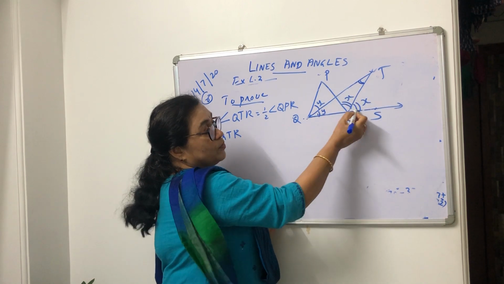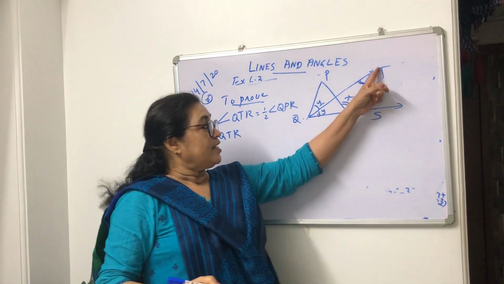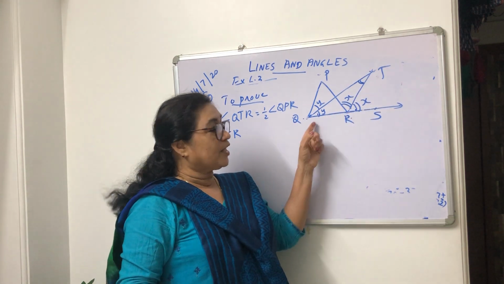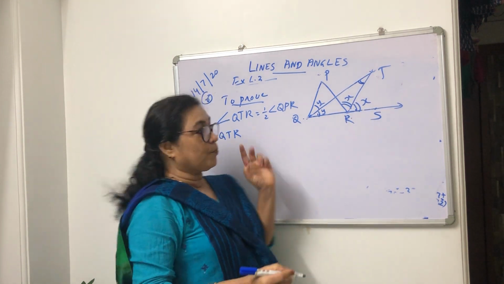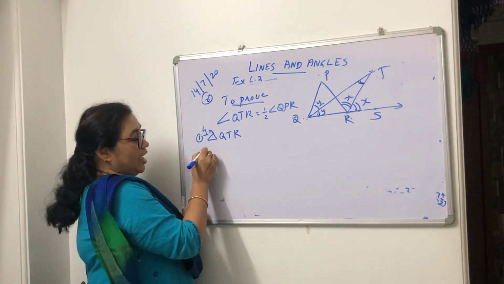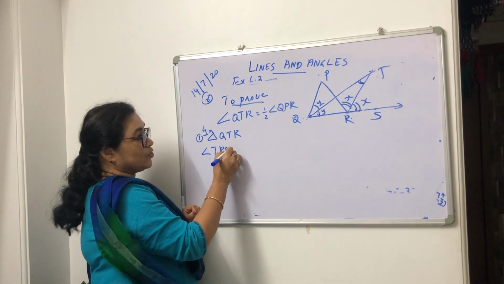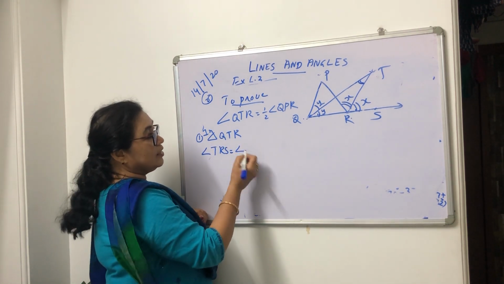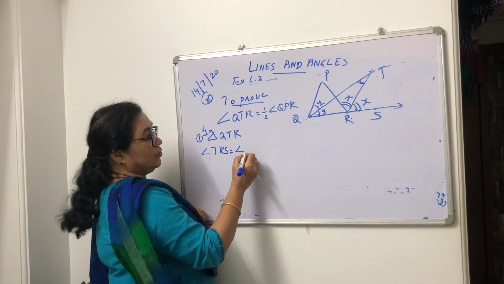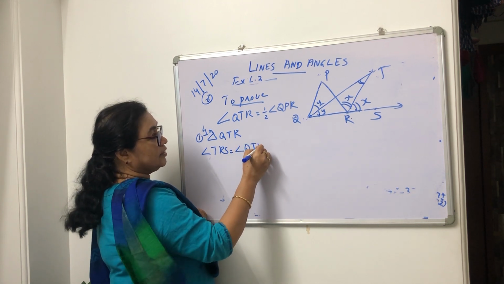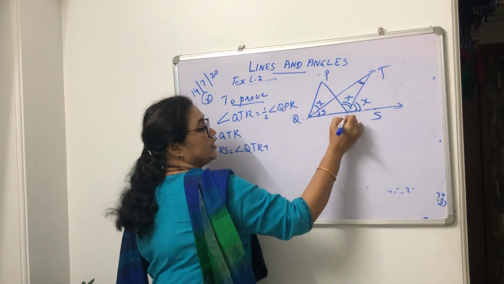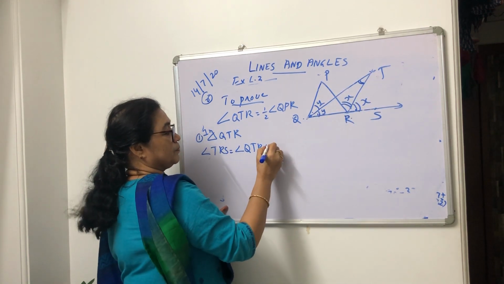Sum of these two will be equal to TRS. In triangle QTR, I am applying exterior angle property. So therefore, angle TRS equal to angle QTR plus TQR.